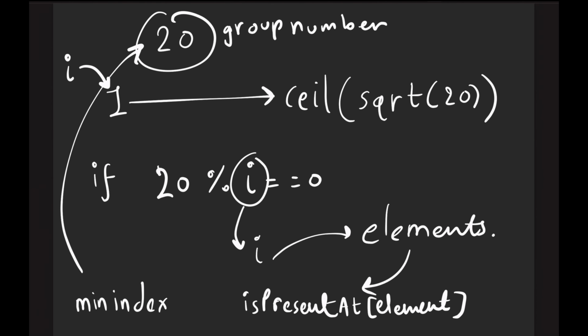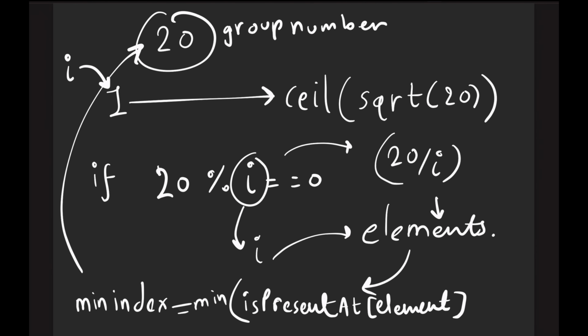So among all the divisors, which can be i or 20 by i, we will find all the indexes if they are present in the elements list. Then we will assign the minimum of the index of this particular element and the minimum index to this group number, right?